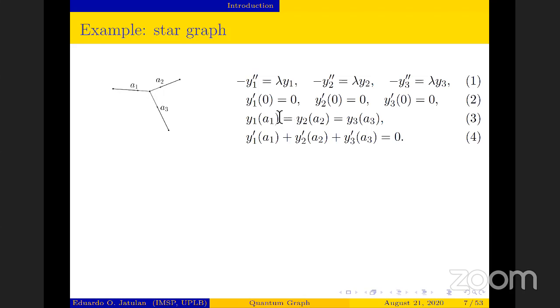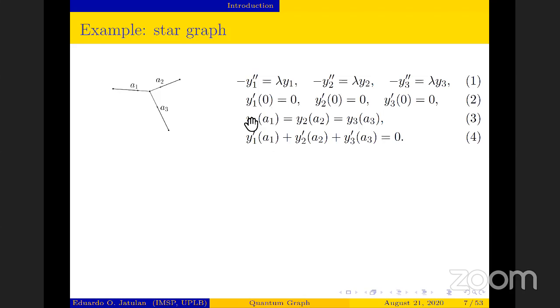As we can see here, the arrow indicates that we will parameterize this quantum graph locally, with local coordinates going from 0 to A3, 0 to A2, 0 to A1. So these are the endpoints.